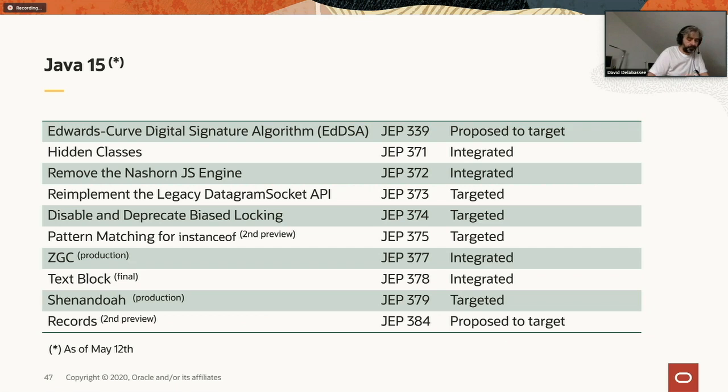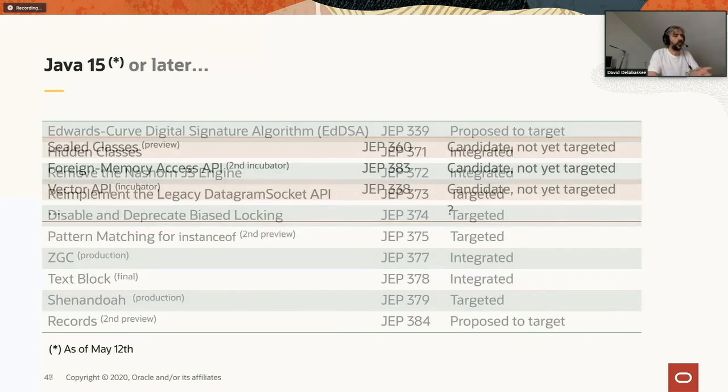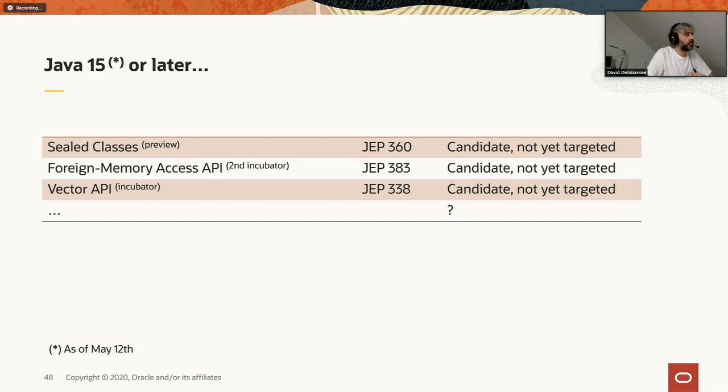I'm going to discuss specifically two JEPs. That is hidden classes, and the other one is sealed classes.